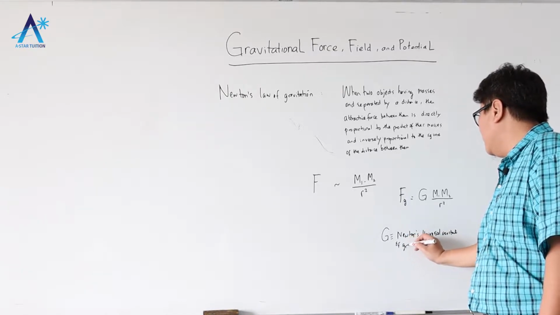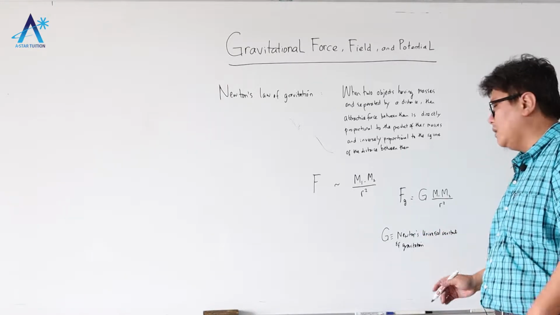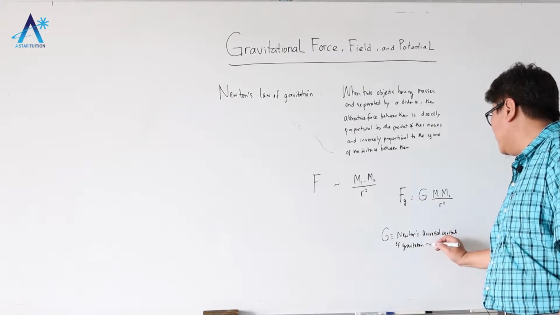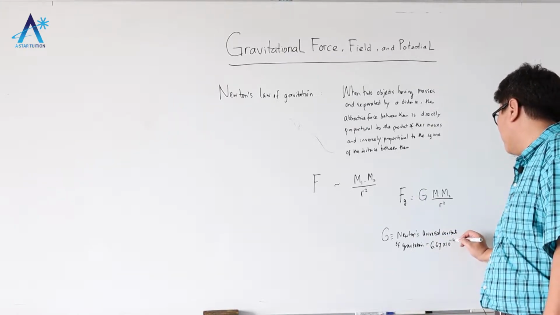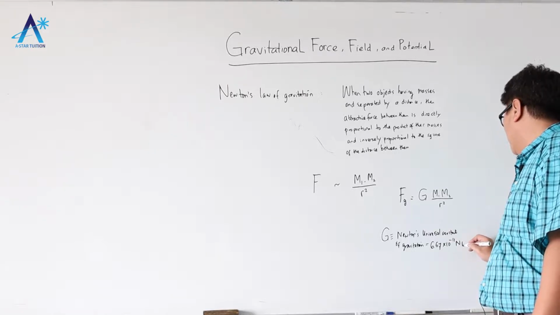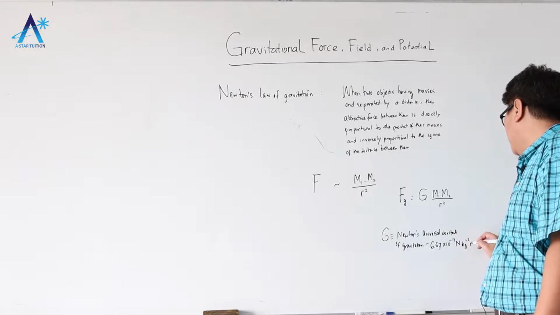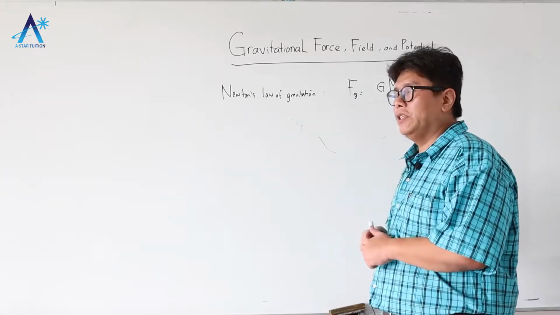It was discovered in the lab, and the value is 6.67 times 10 to the power of minus 11 N kg^-2 m^2. Now let's discuss further about this equation.